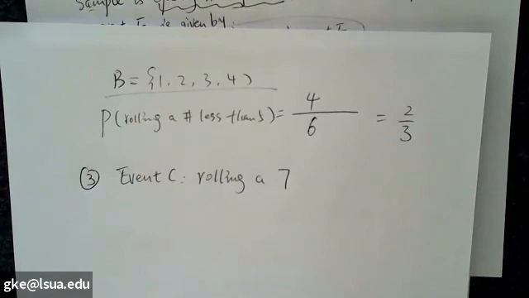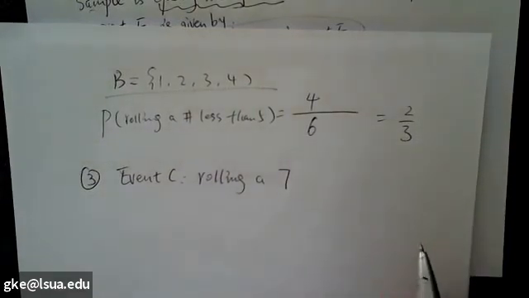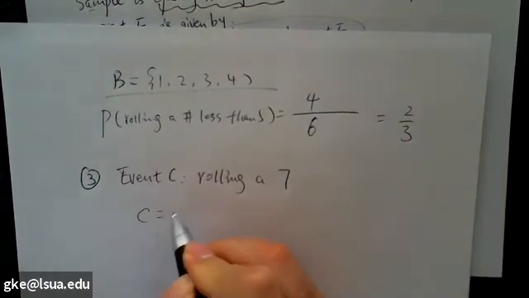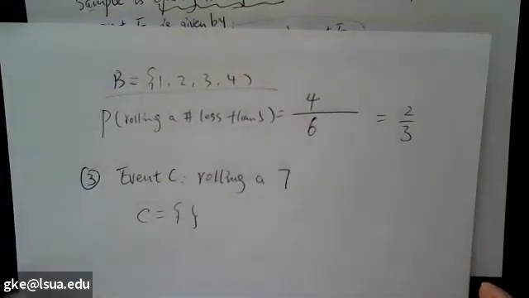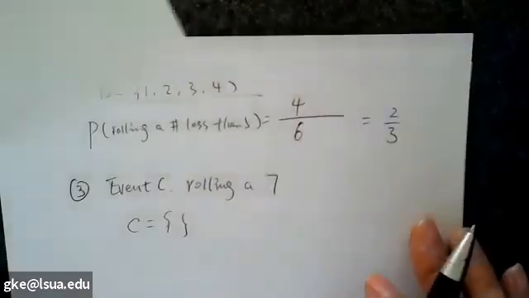Did you get it or not? I put 0. How about you? Okay, good job. The answer should be 0. For event C, there's no number there, because 7 is impossible to happen with a 6-sided die.